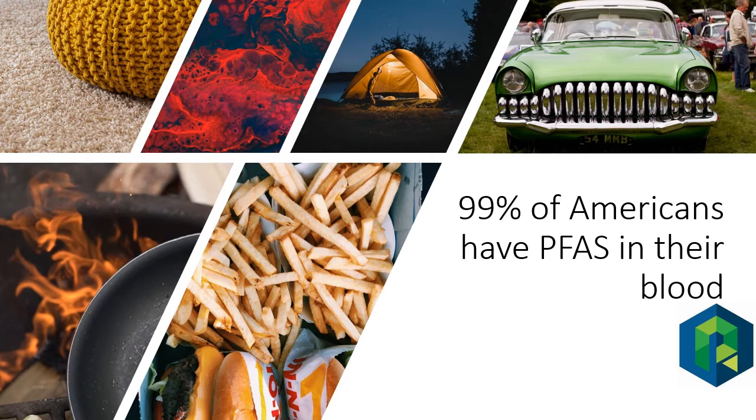You have a waterproof tent here in the top picture. A few PFAS are used in chrome plating in vehicles, but I would say the most popular usage would be in non-stick cookware and also grease proofing of fast food wrappings and things like that.